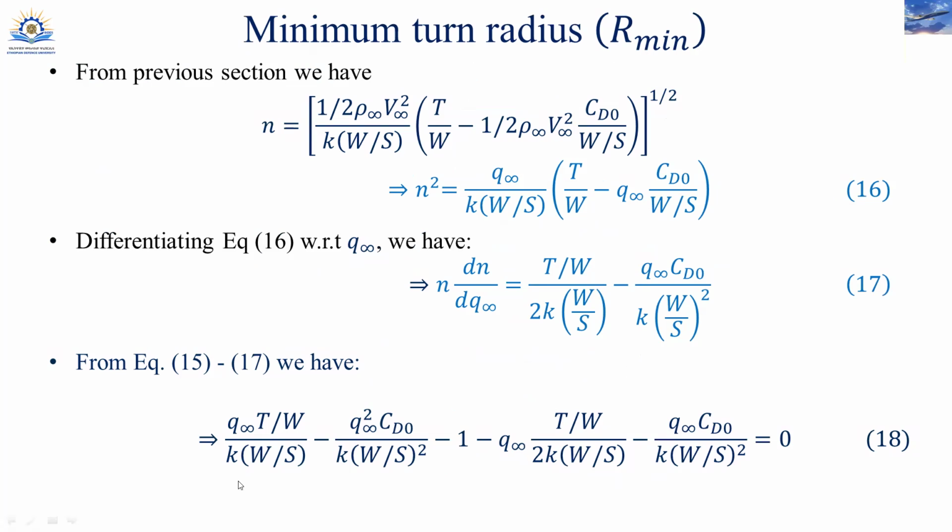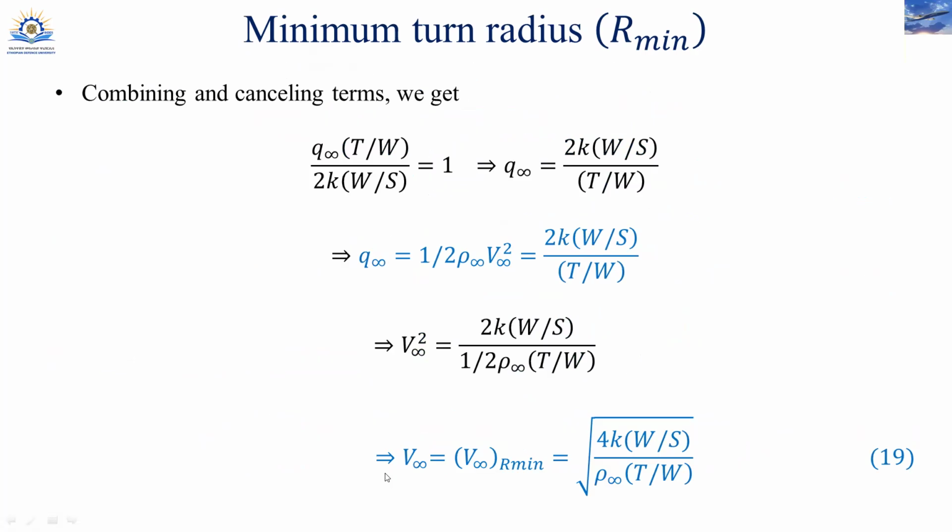Finally, what you can get is this equation. Just simplify this. Once you simplify, finally what you can get is Q equals 2K wing loading over T over W.